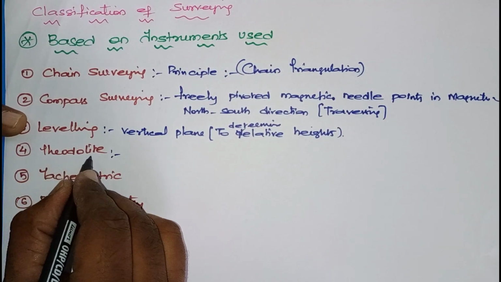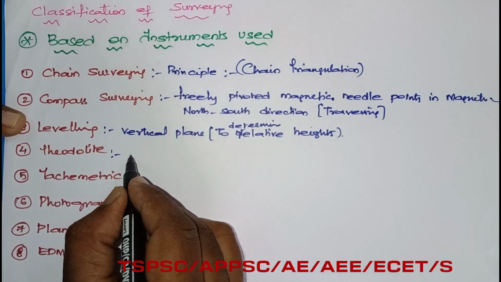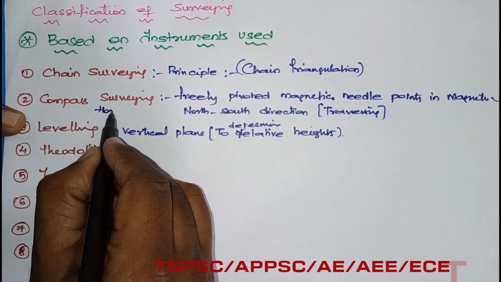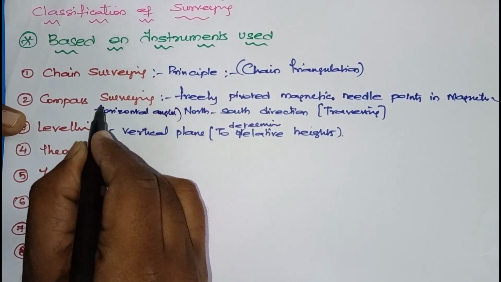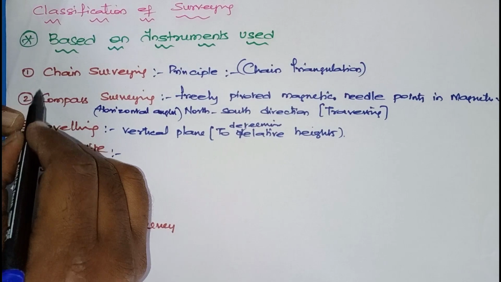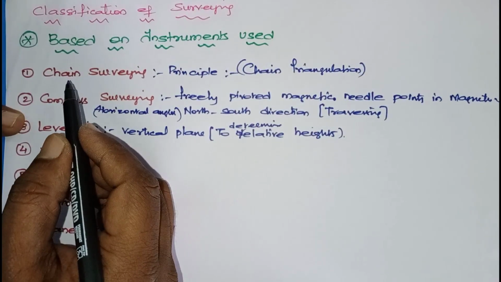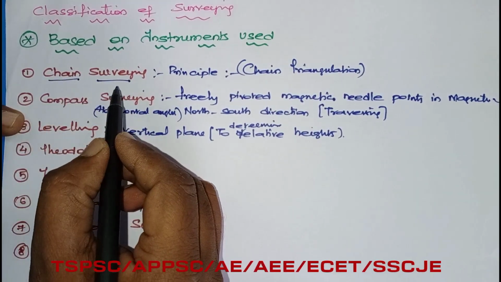Now, theodolite surveying. One more thing, compass surveying is used for measuring horizontal angles. These two are for calculating the area of a given surface. Area can be calculated. Only linear measurements will be taken in chain surveying.